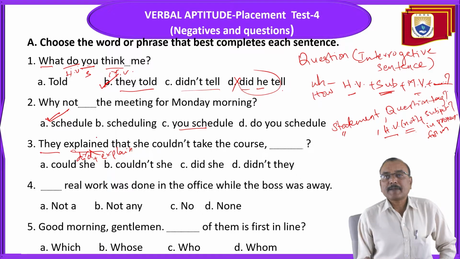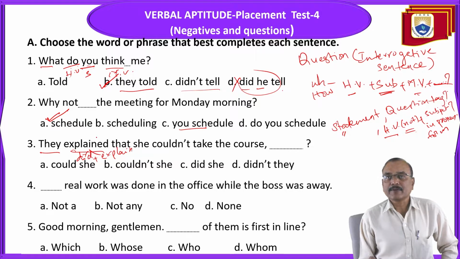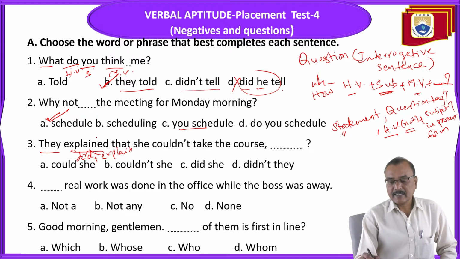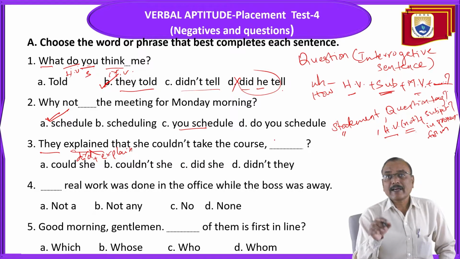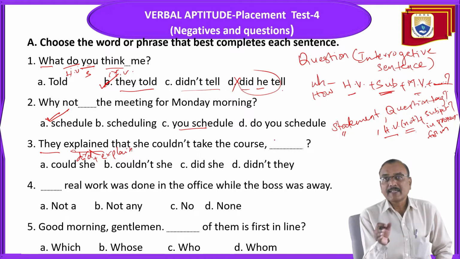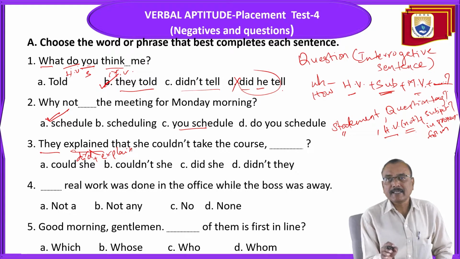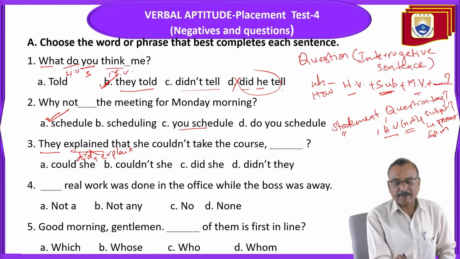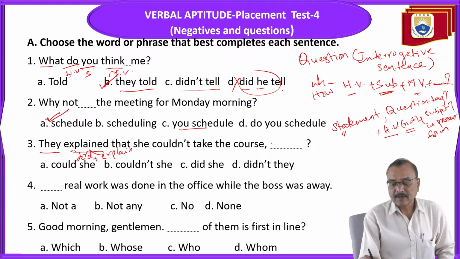They explained that she couldn't take the course. Right? Here we are confirming whether they explained or not. So our question tag should be related to confirming whether they explained it or not. Is it clear? So the helping verb is did.